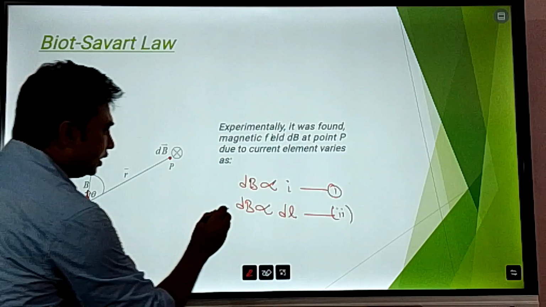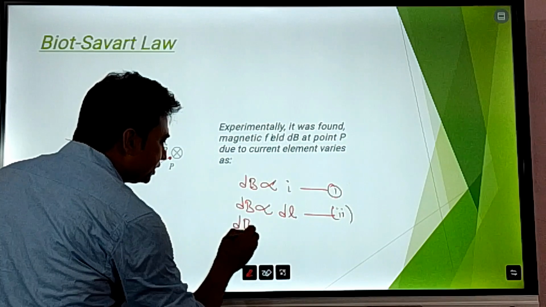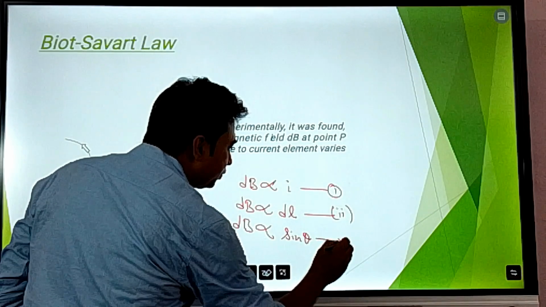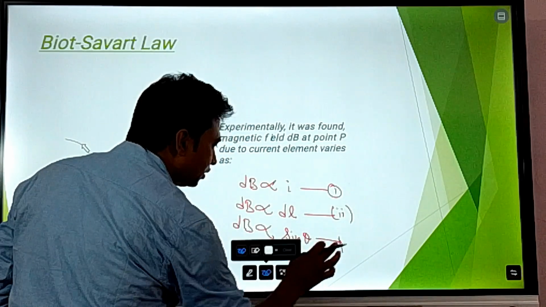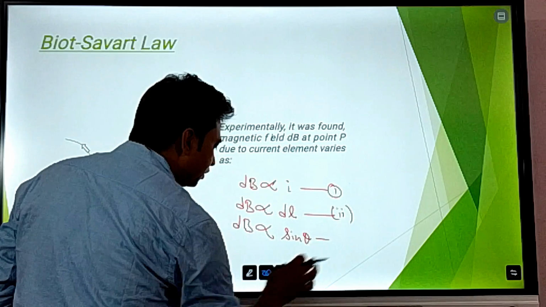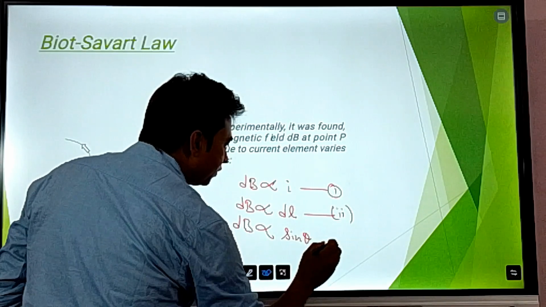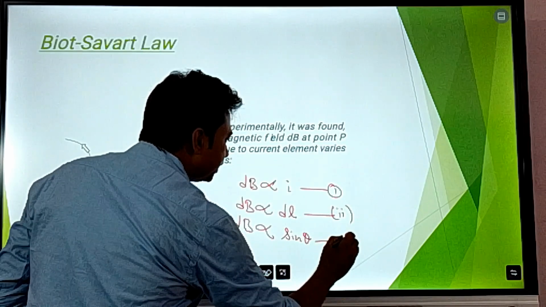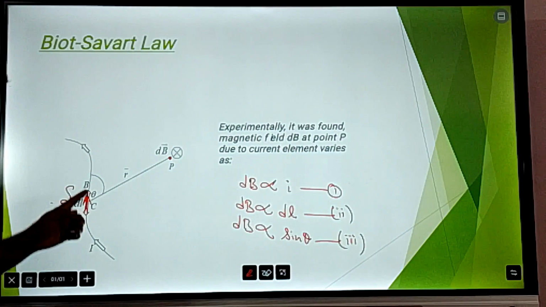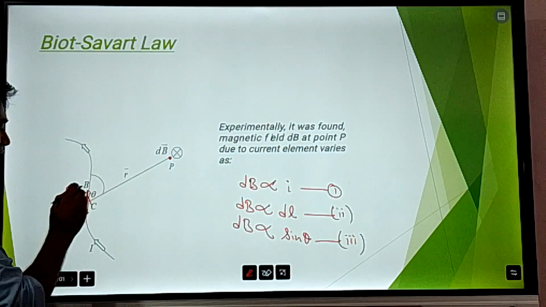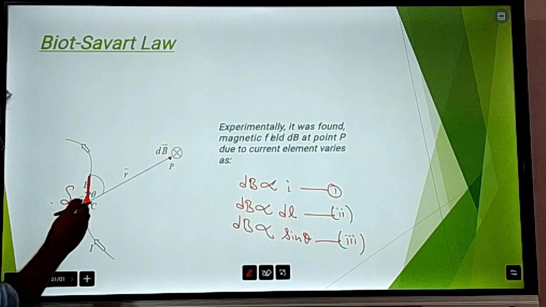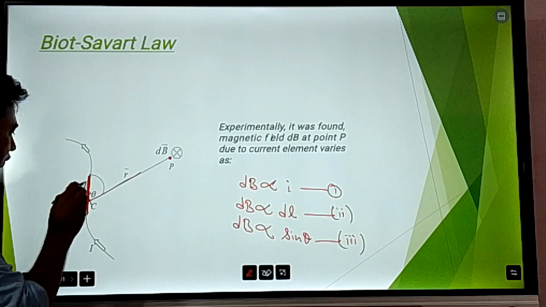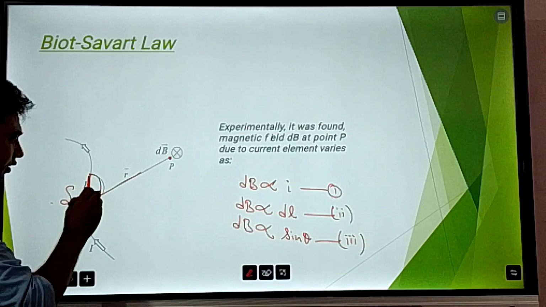And again, dB is directly proportional to sine theta, where theta is the angle between this dl and r. This is our dl portion and this is our r portion, and we have to measure the angle from dl to r.